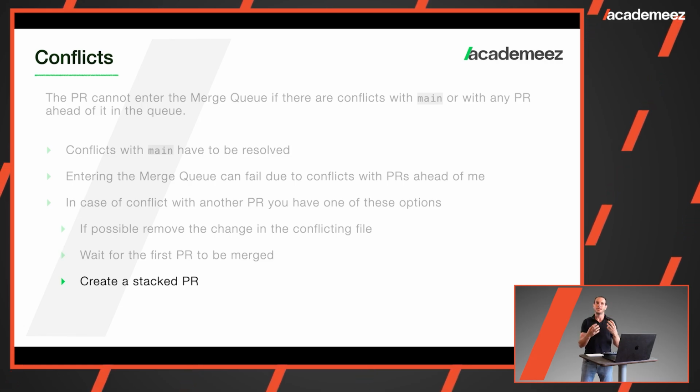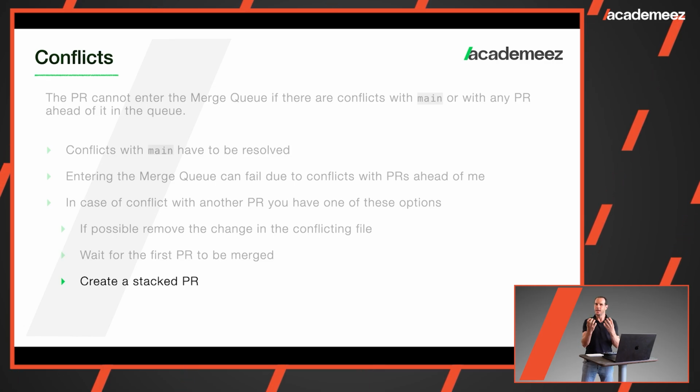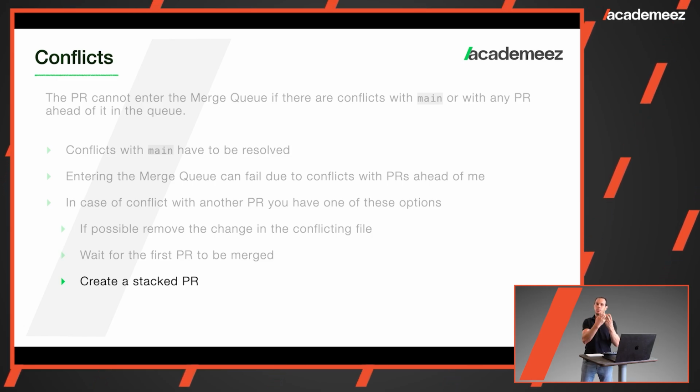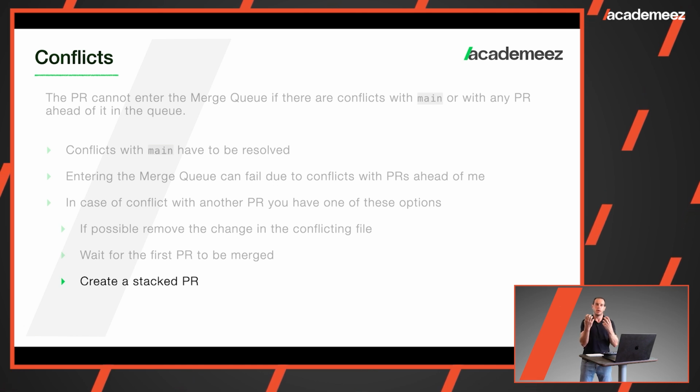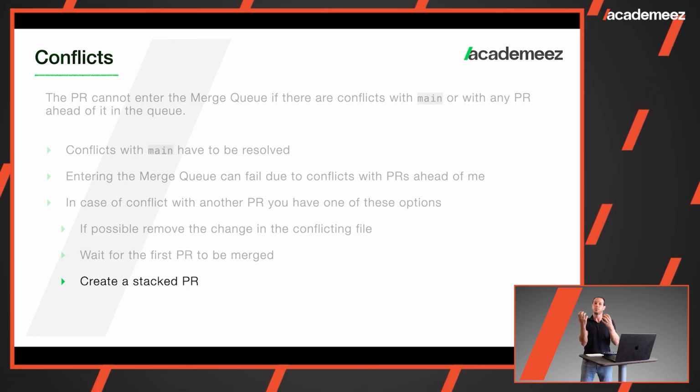Usually you do it in a stacked PR situation when the features of those PRs are related somehow. Now, this will obviously pop the conflicts sooner, but it won't jump your PR in the merge queue because our merge queue is only running on main. You don't have a merge queue for pull requests that are merged to other PRs.